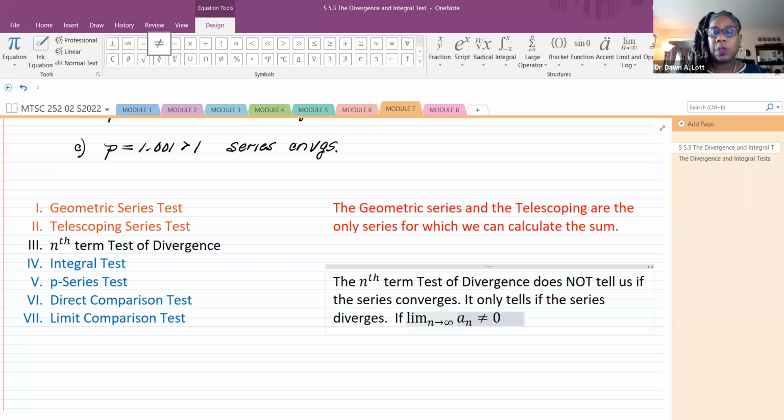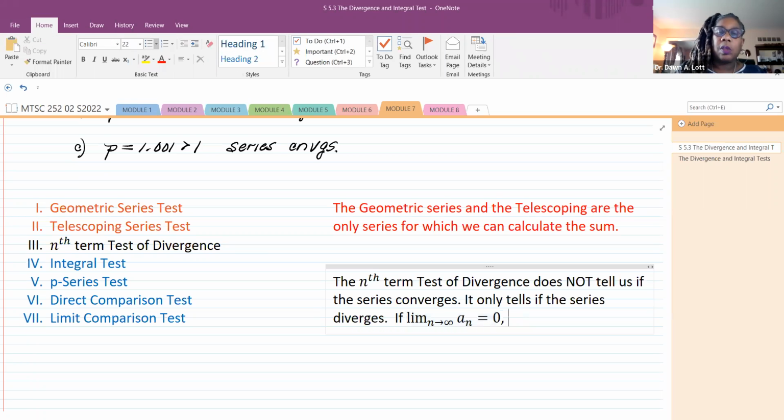No, equals 0 is what I want to say. If it equals 0, any questions about that? You must use another test.